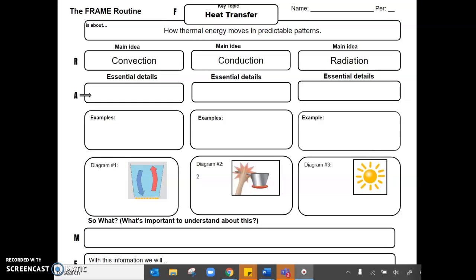So often, building activities where students can then fill in the essential details, fill in the examples, and fill in the diagrams, or whatever the essential details are that you have picked, is a much more powerful tool so that they are doing the learning and they are doing the thinking, so that they're learning about the topic instead of simply practicing their copying skills.